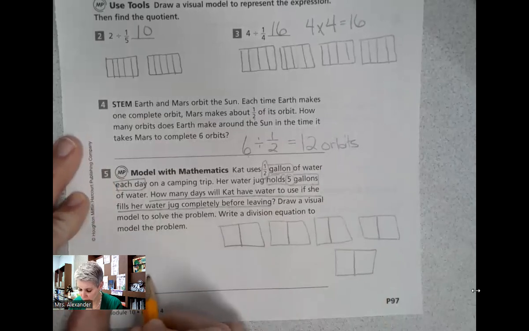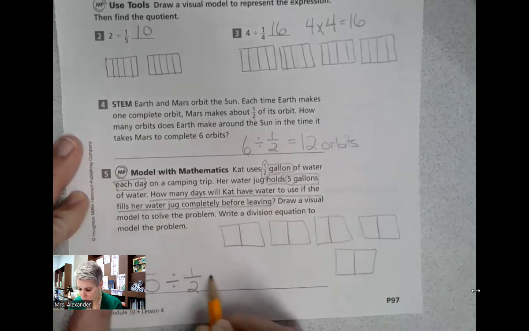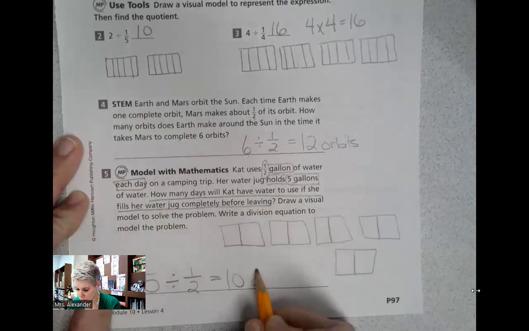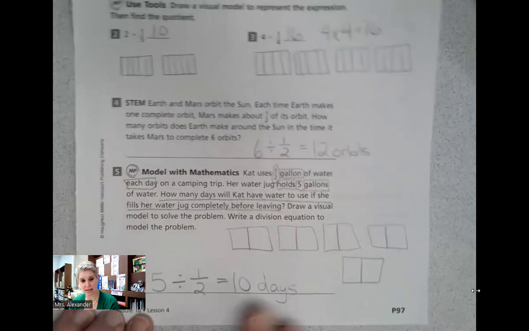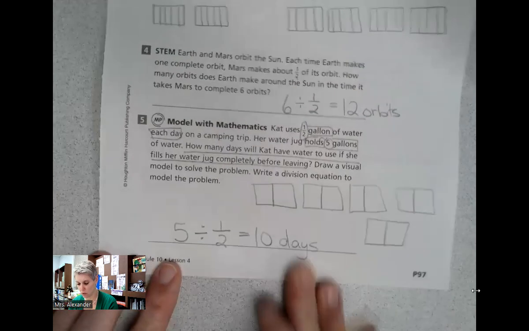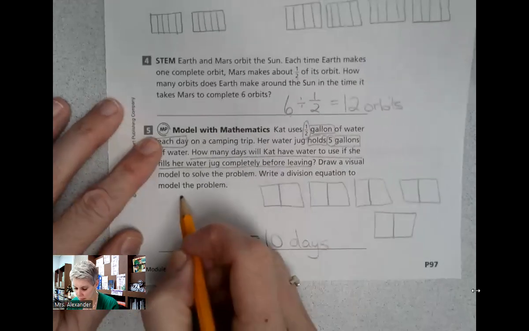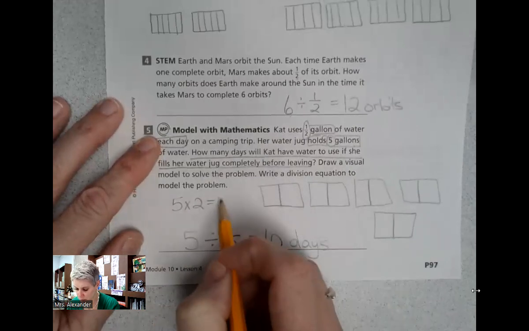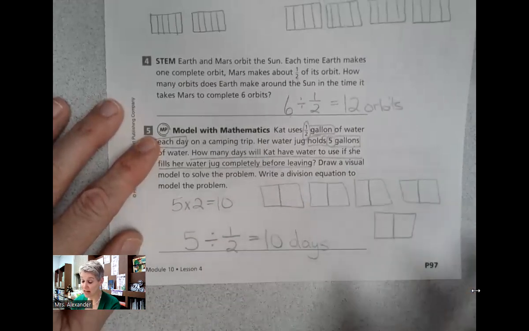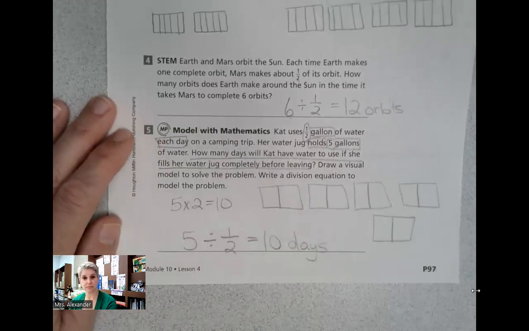Well, we have 5 gallons that we divided by half, which would equal 10 days. I almost wrote gallons. I had to check the question. How many days? 10 days is what she will have for that water. Again, keep, change, flip. We're dividing fractions.